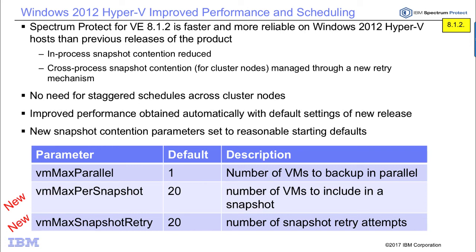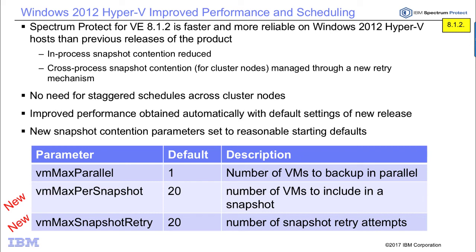But what we've done in this version is made it faster and more reliable than it was in previous versions by working in the product to reduce snapshot contention from within the threads of the product and also reducing cross-process snapshot contention for cluster nodes managed through a new retry mechanism.